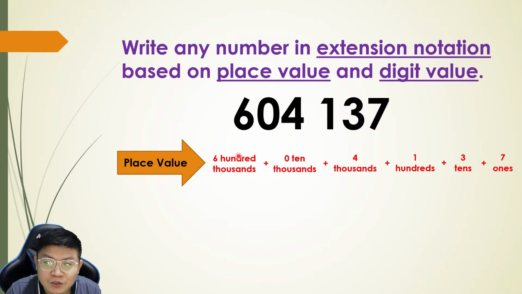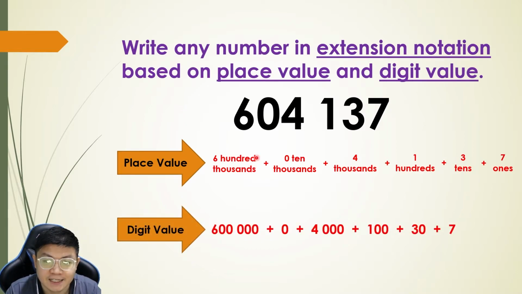The extended notation based on the digit value will be like this, right? 600,000, if you remember the zeros, 100 means 2 zeros, thousands means 3, so must be 5 zeros. Okay, 6, and 5 zeros, and plus 0 because there's no value, plus 4,000, thousands 3 zeros.